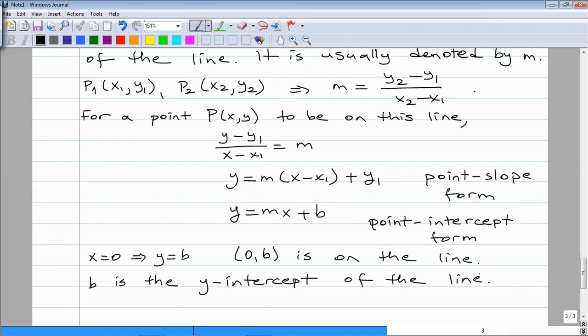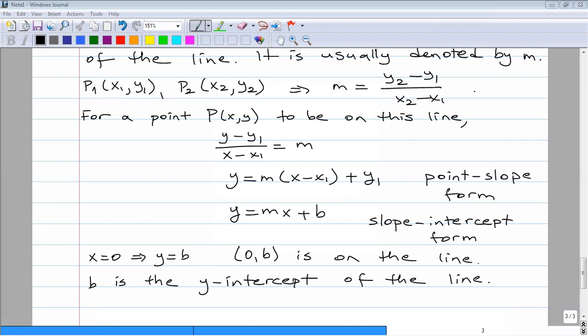That's why it's called the, not point, slope-intercept form. I'm sorry, there's no point here, just the slope. Yes, the tangent of that angle is the slope m.